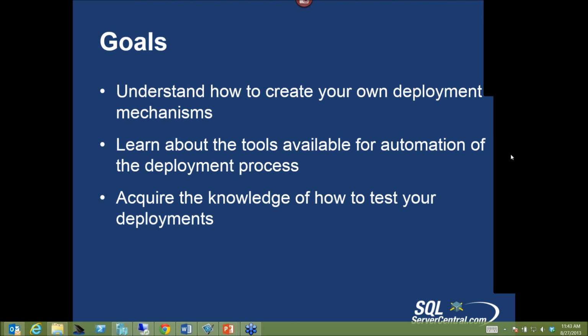You then have to find some mechanism of coming up with a deployment process and a mechanism of generating scripts. And that means getting the developers to not simply generate scripts, but to check scripts in and out of source control so that you can then use your tool of choice to generate the deployment mechanism.